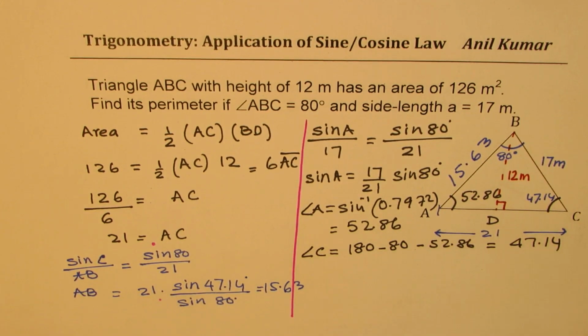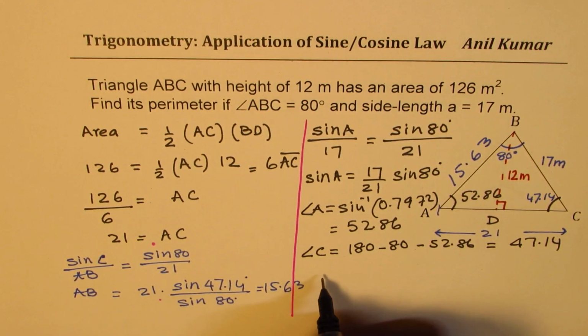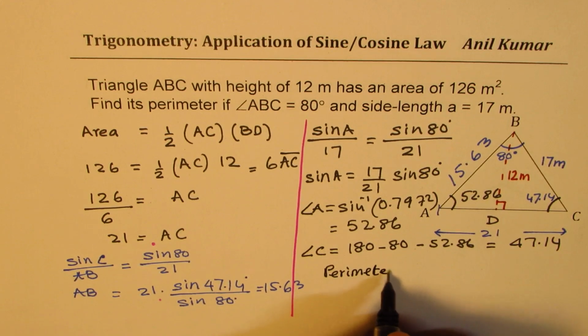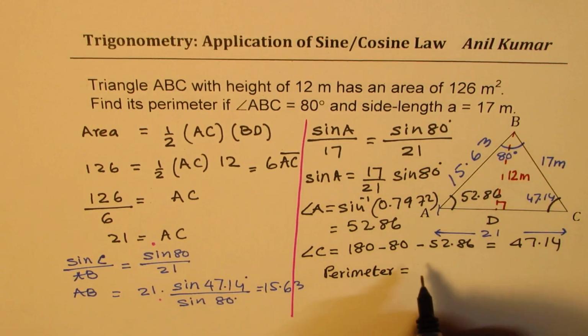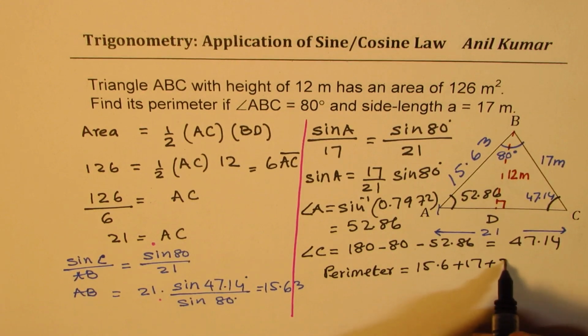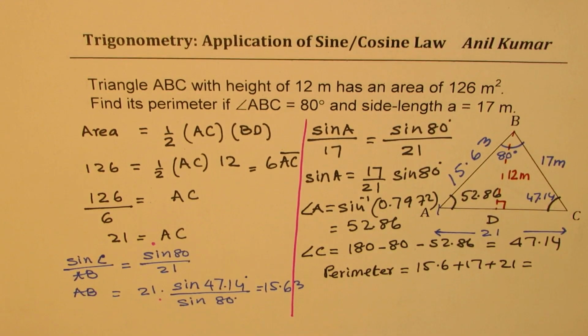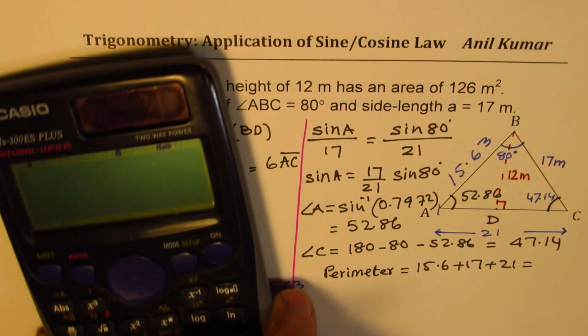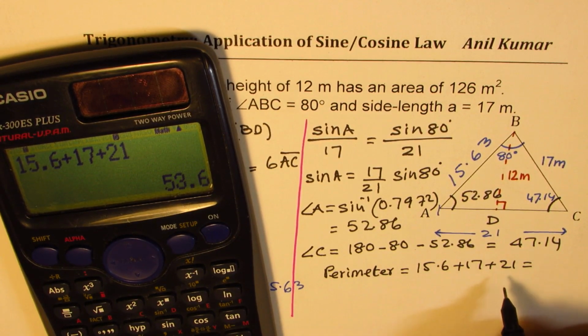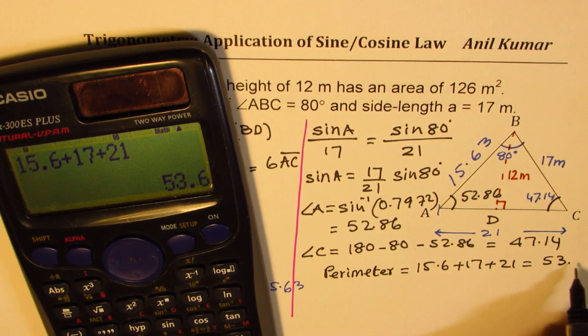We need to find the perimeter. So now we can write perimeter is equal to sum of all the sides, which is 15.6 plus 17 plus 21. So 15.6 plus 17 plus 21 equals 53.6.